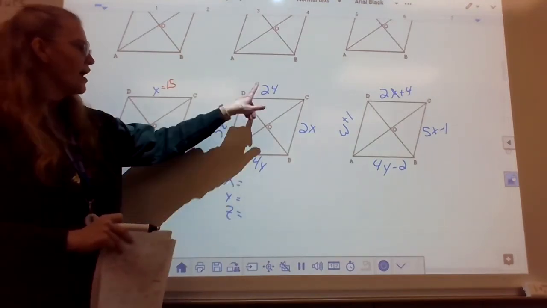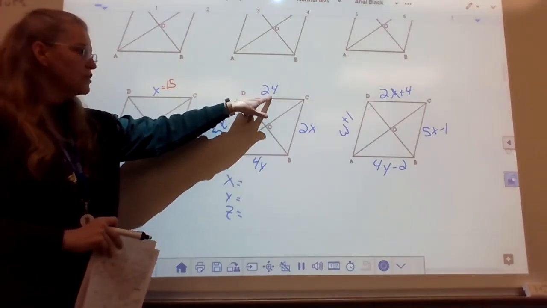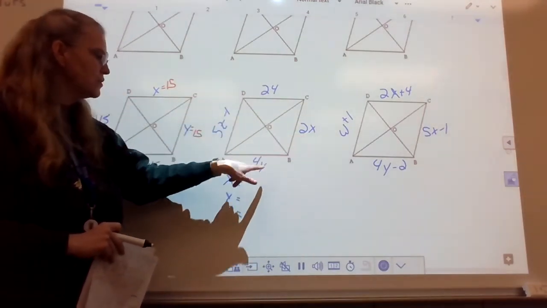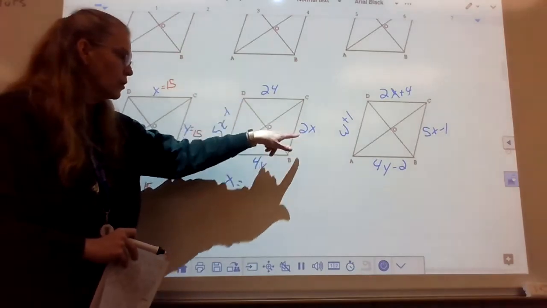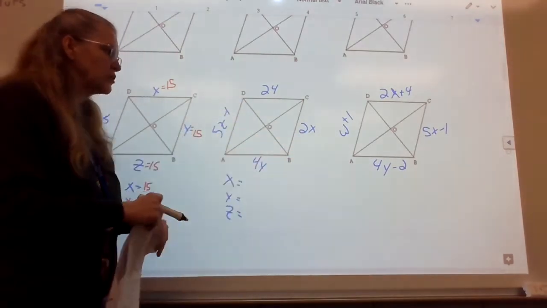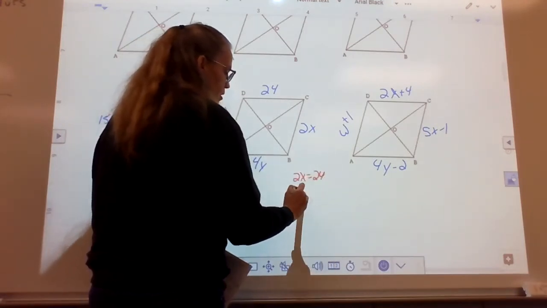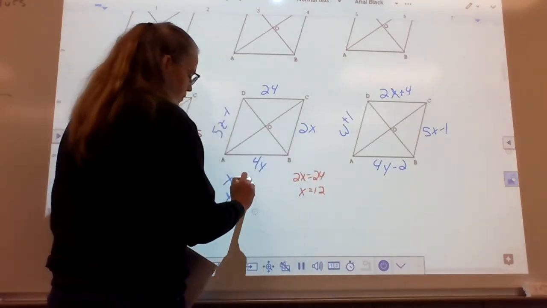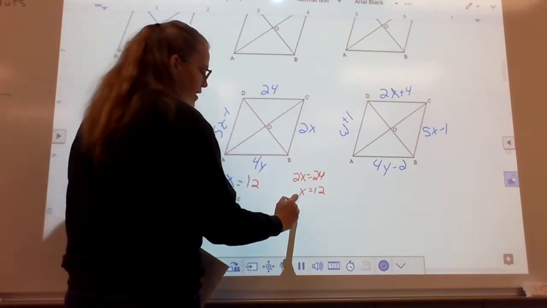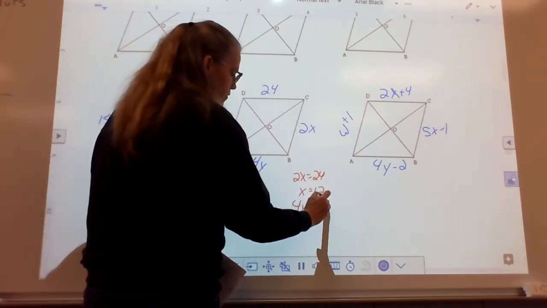So on this one, I give you 24. Well, if this is 24, every single side is 24. So I've got tiny little equations I can set up. 2x equals 24. So x is 12. 4y equals 24.